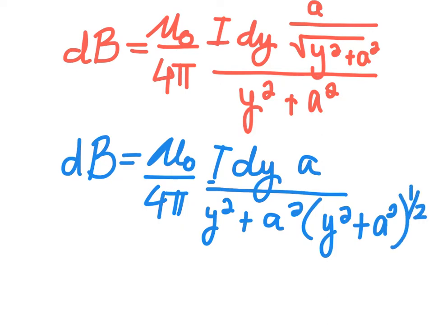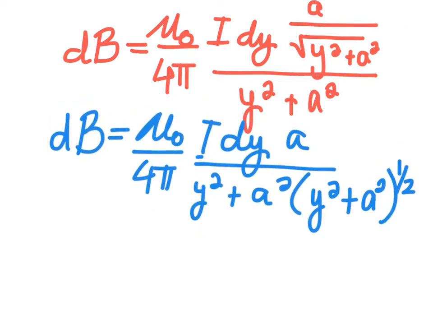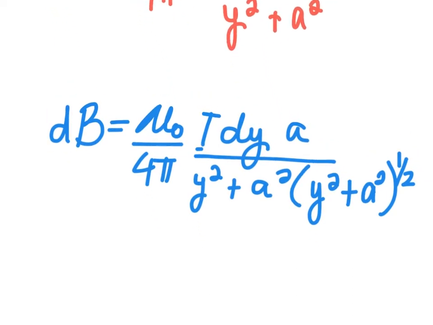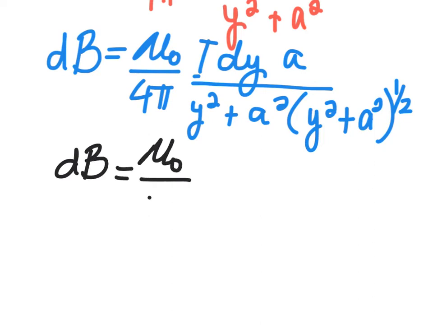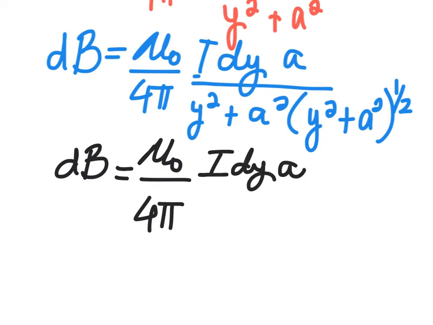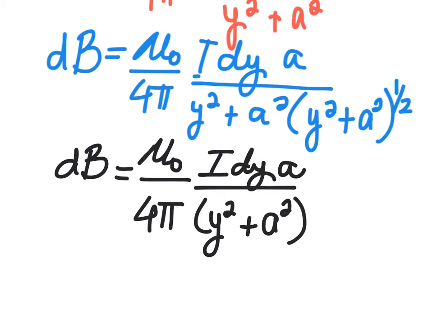Now you can probably already see a nice little simplification that we can do. So dB is equal to mu naught over 4 pi times I dy a over y squared plus a squared to the 3/2.